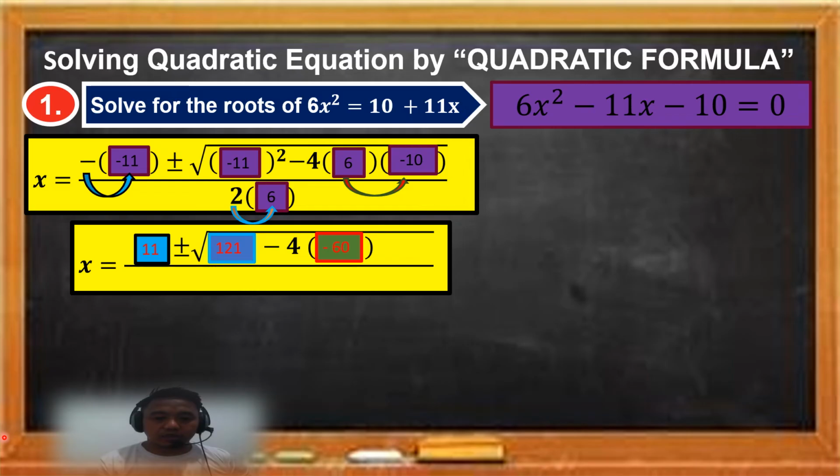The last one is 2 times 6, which is 12. There is still a parenthesis, this negative 4.